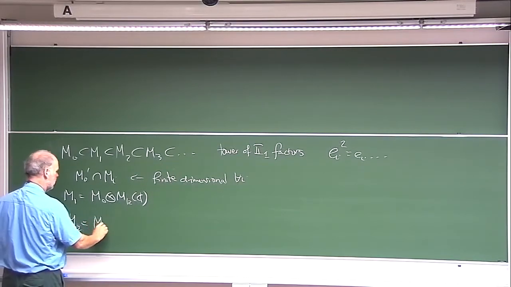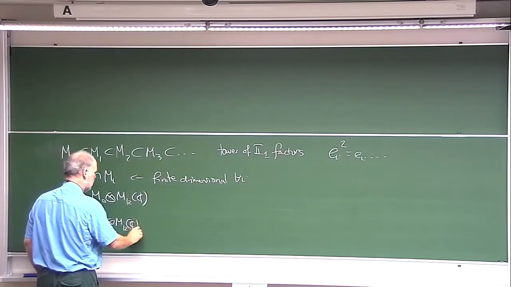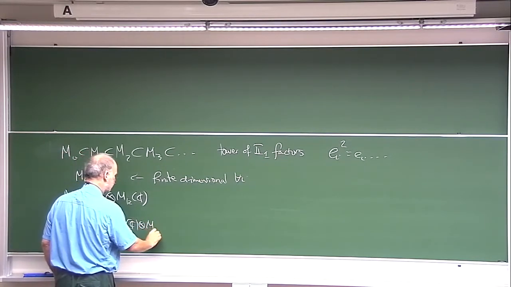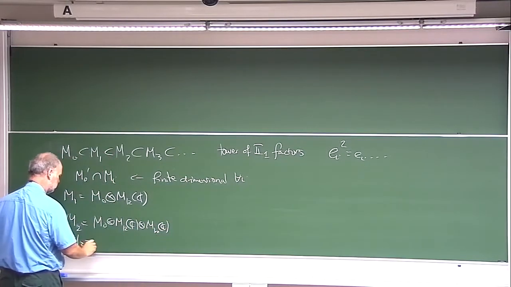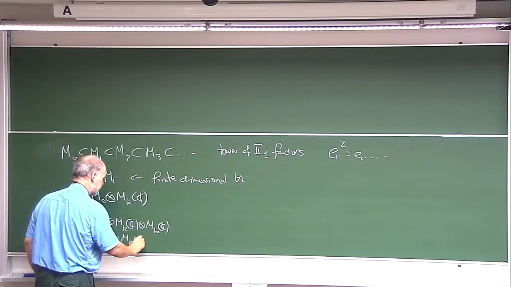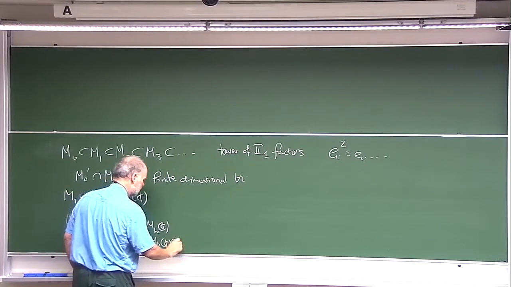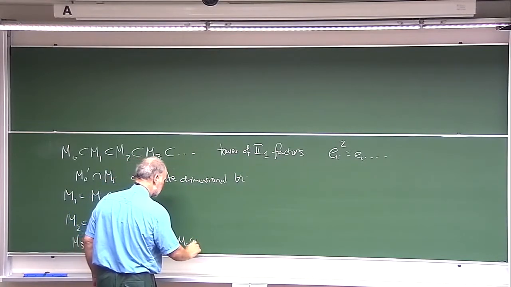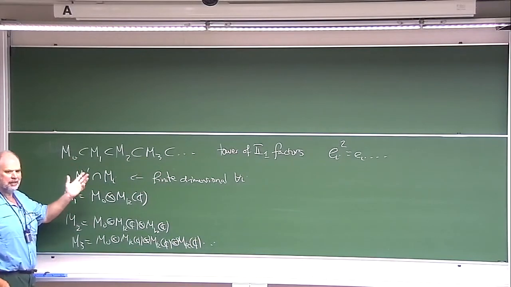So M2 therefore will be M0 tensor M_k(C) tensor M_k(C), and then M3, and so on. So maybe let me do the induction argument. Right?